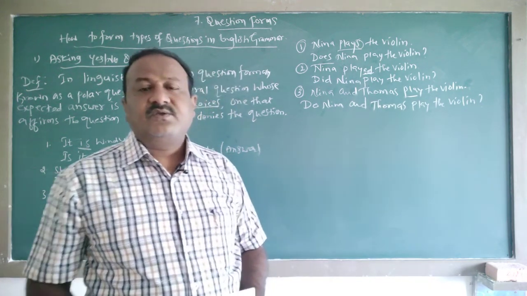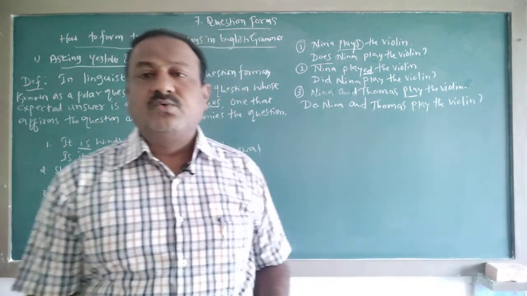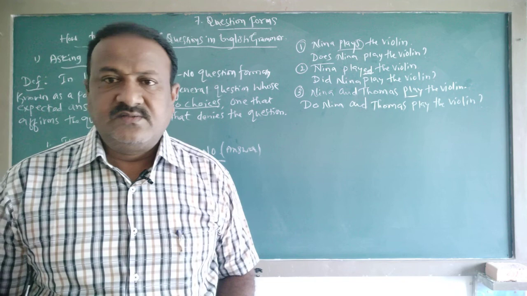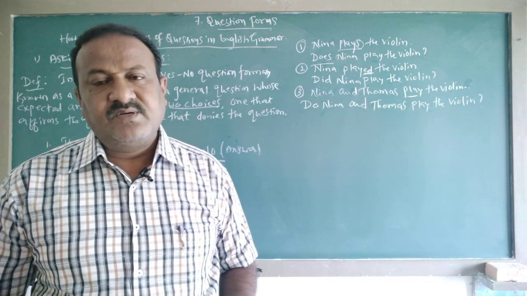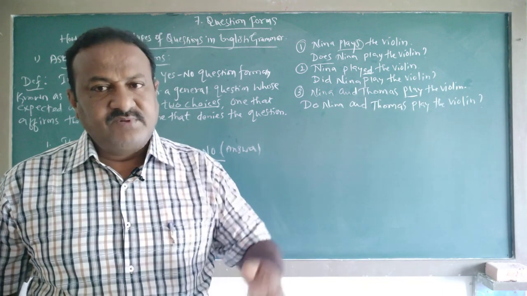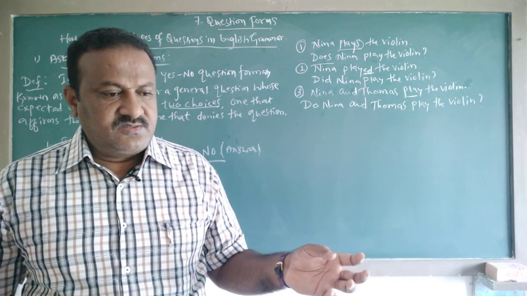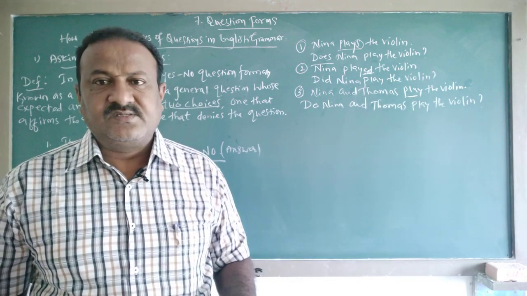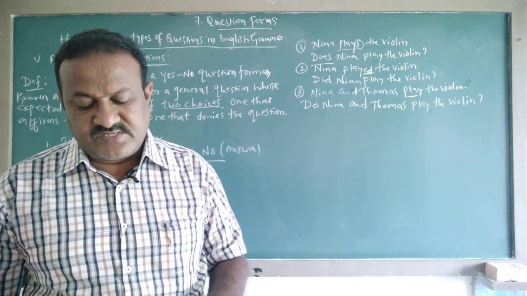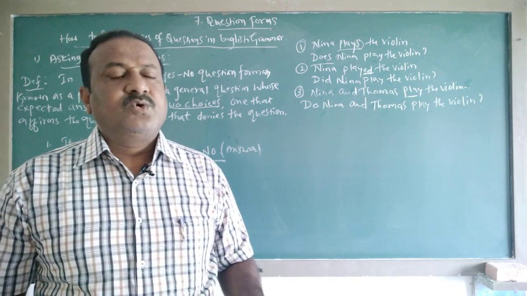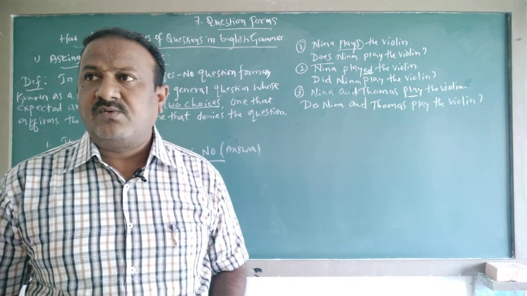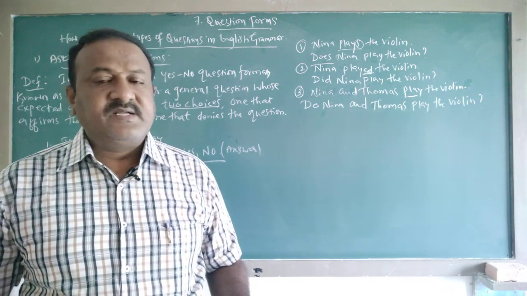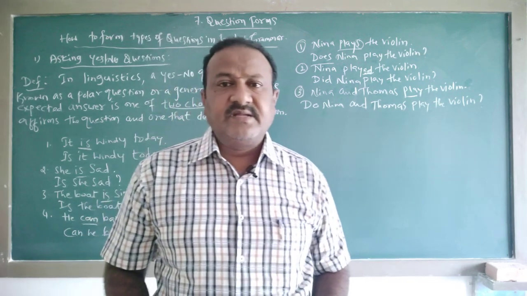Like this, you have to do in your workbook, page number 24. You will find some examples of yes or no questions. Those examples you have to do. We have three types here, even negative.